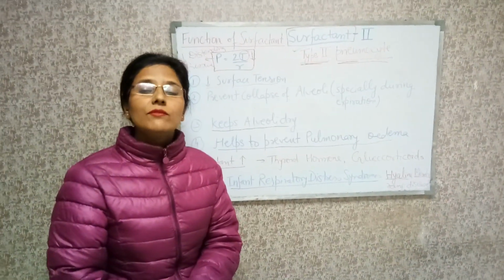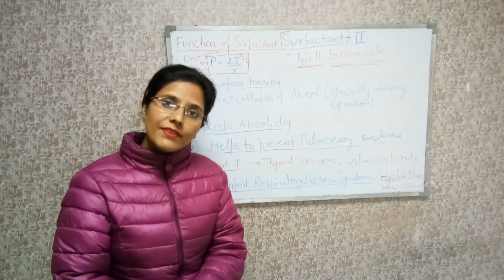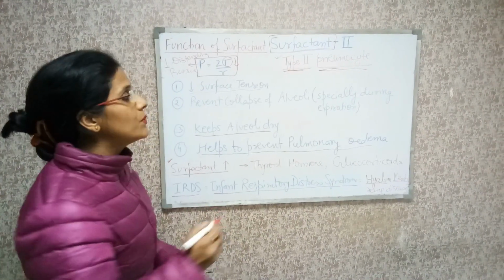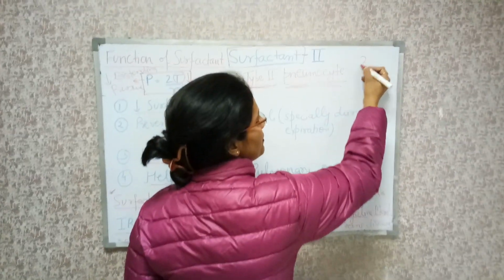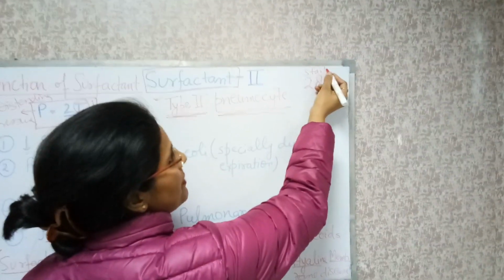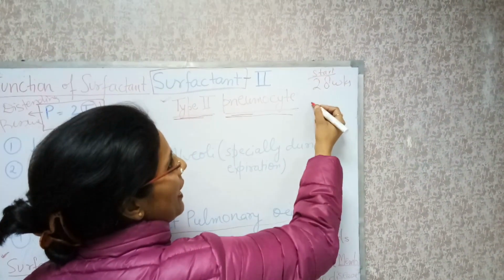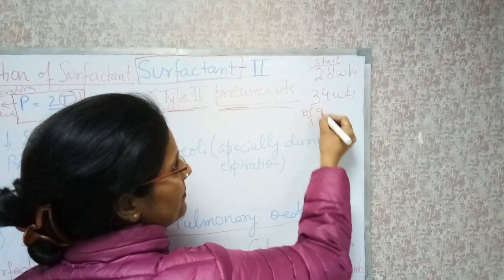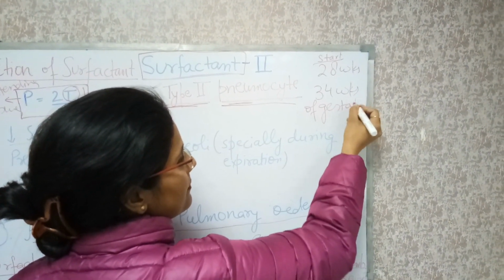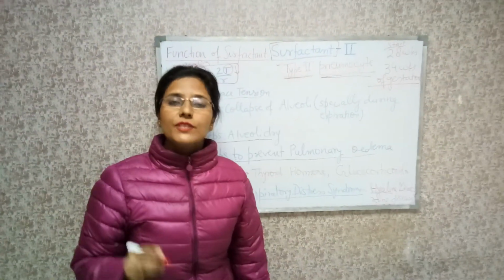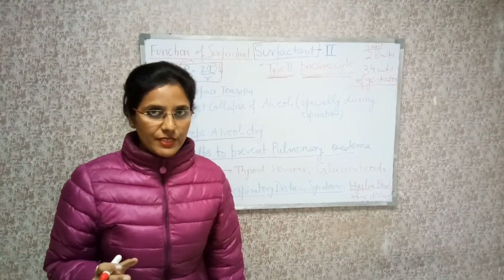When the baby is in utero, surfactant production usually starts from 28 weeks, but it matures at 34 weeks of gestation. So the maturation of the surfactant is at 34 weeks of gestation.